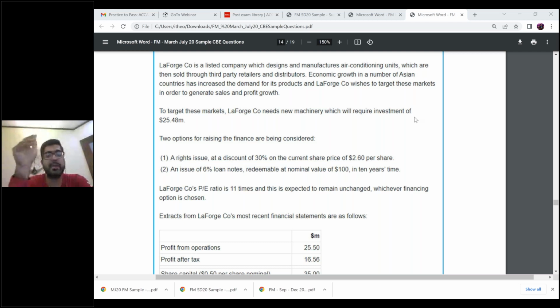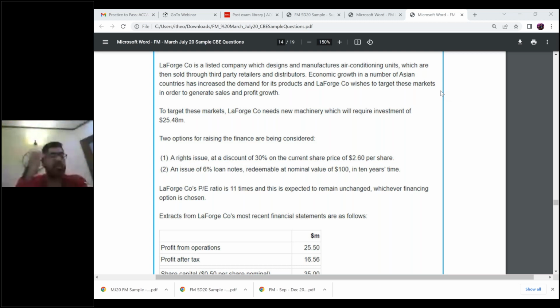Economic growth in a number of Asian countries has increased the demand for its products, and Laforge wishes to target these markets in order to generate sales and profit growth. To target these markets, Laforge needs new machinery, which will require investment of 25.48 million.